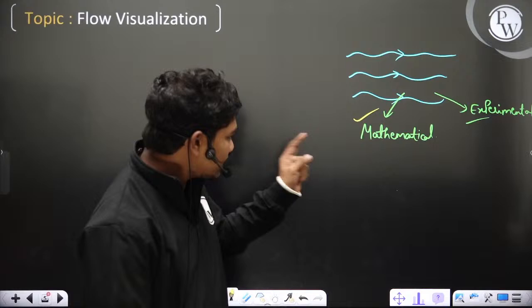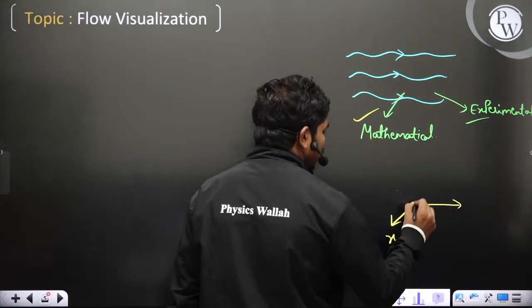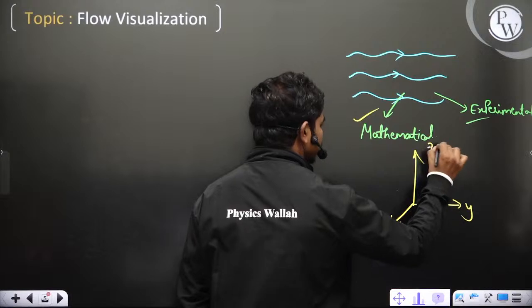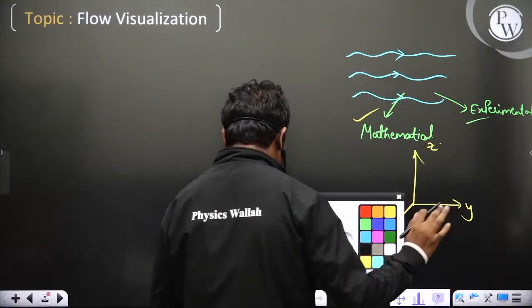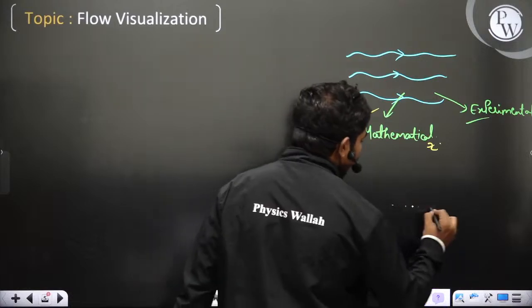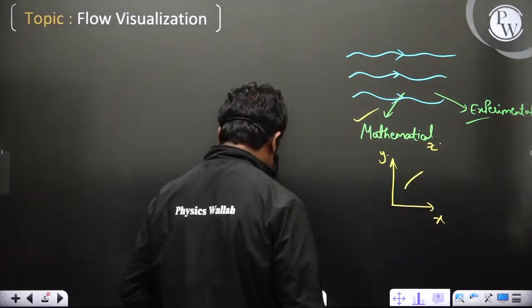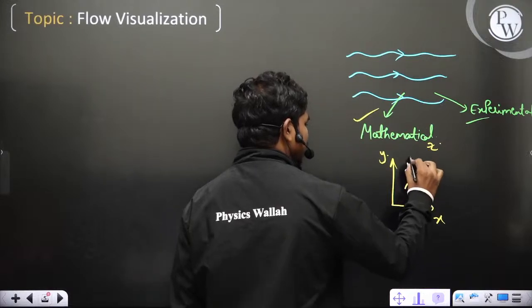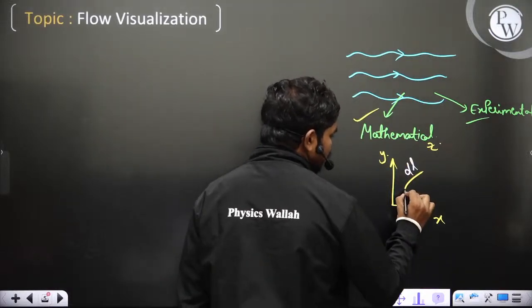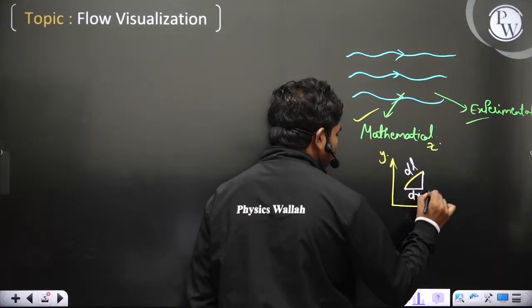Now, to see the mathematical techniques, I want to ask you something. Let us suppose this is an XYZ coordinate system, and for simplicity, first of all let me take an XY coordinate system so that you can understand better. If you have a small curve of length DL, to study this curve I can resolve it into two parts, dx and dy.